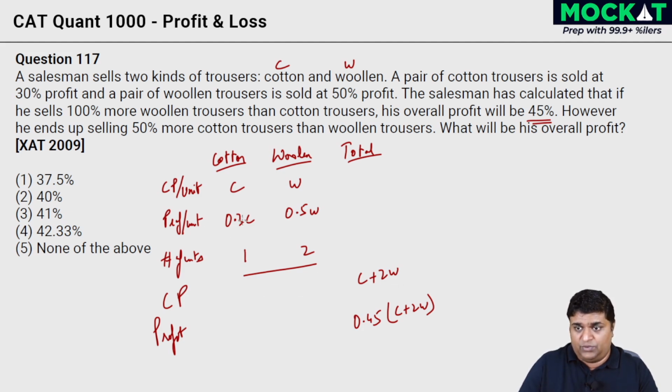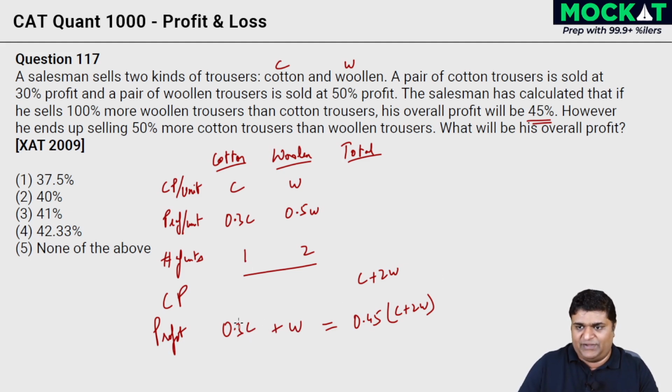So 1 unit was sold at 0.3C profit, that's 0.3C. 2 units were sold at 0.5W profit, 2 into 0.5W, so that's going to be plus W. Now these two are going to be equal. Once again, how do I find the overall profit? That's a 45% profit on the total cost price, and 1C plus 2W is the total cost price. Individual profits can also be found: 0.3C on 1 and 0.5W into 2. That's the total profit as well.